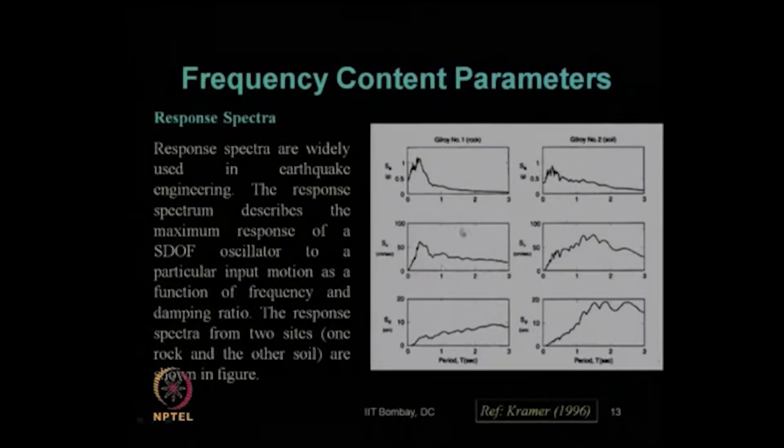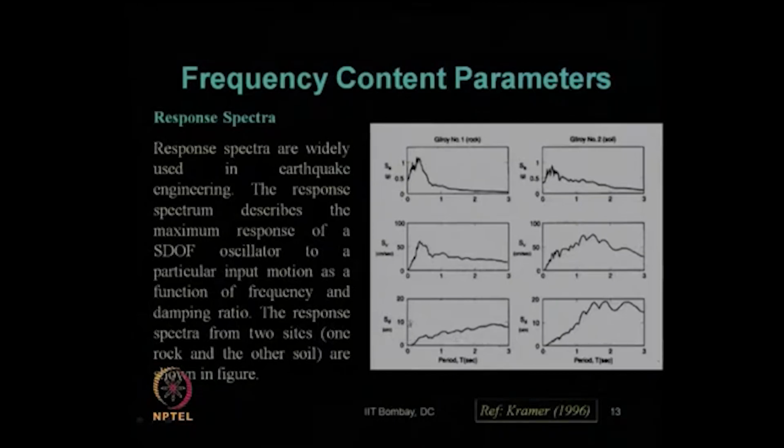The second one, the central one, shows SV, in the unit of centimeter per second. So, this is the velocity response spectra for the rock site, and this is the velocity response spectra for the soil site. The last one, at the bottom, is the SD in centimeter units.